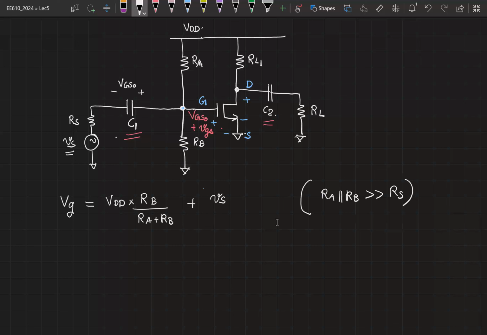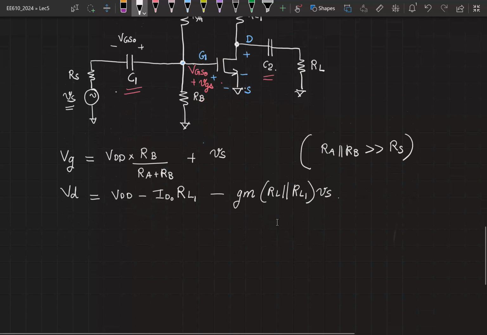Okay. What is the total voltage at the drain? VDD minus whatever is the quiescent operating current into RL1, minus gm RL parallel RL1 into VS.